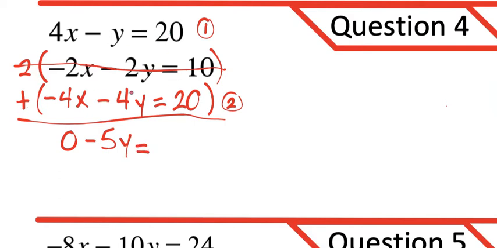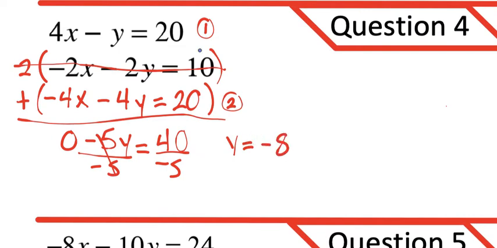And then 20 plus 20 is going to be 40. To get y by itself, we need to divide each side by -5. And we'll get that y equals 40 divided by -5 is -8.